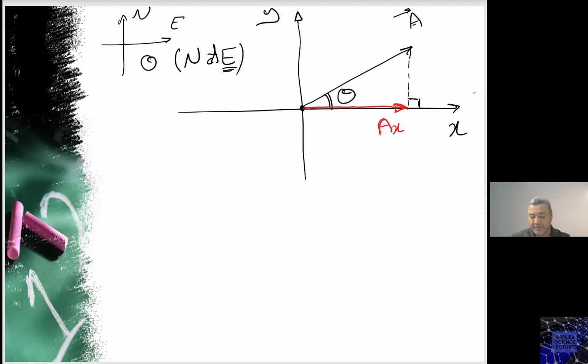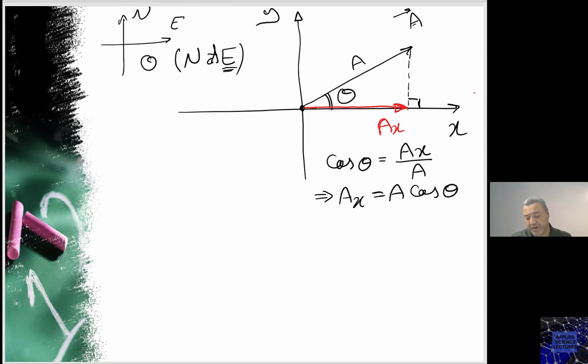Now, using trigonometry, I can say that this can be defined by the cosine expression, which is cosine theta equals the adjacent divided by the hypotenuse, which is A in this case. Or I can say now that this component, the projection on the x-axis, is indeed A cosine theta.